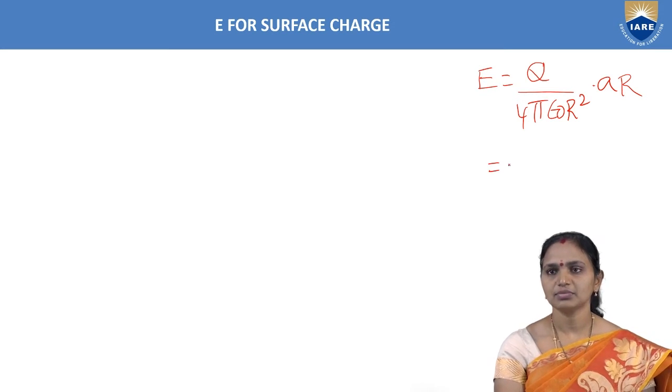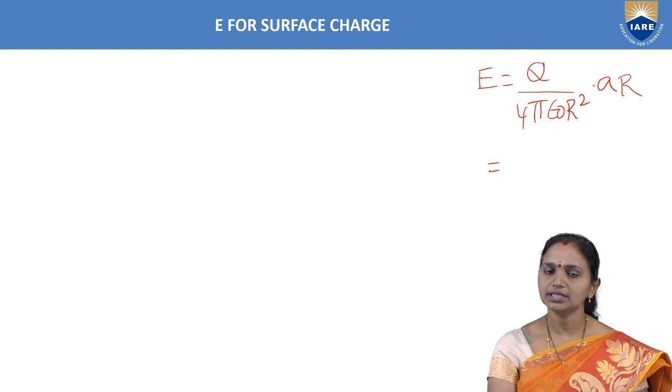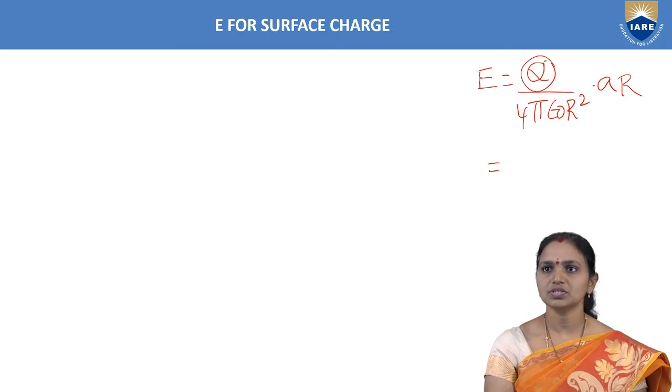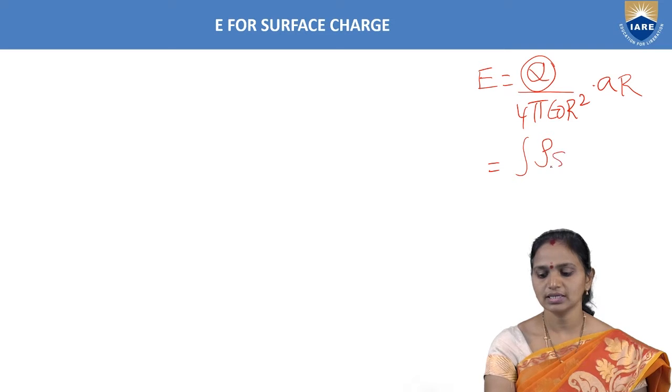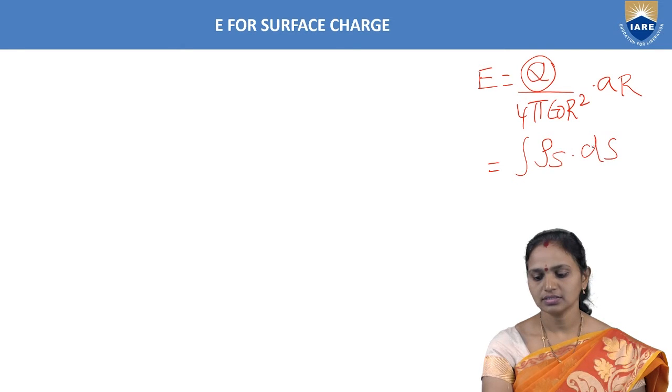For that I am writing Q in terms of rho s. As we are considering surface charge, we take charge in terms of rho s, and as we have the equation in terms of Q, we must get the relation between Q and rho s. Here Q in terms of rho s is the integral of rho s ds.